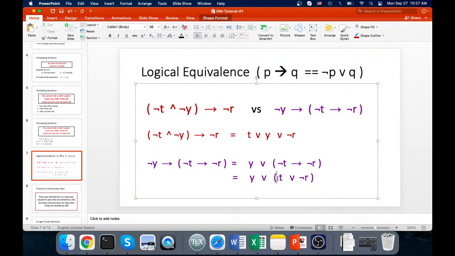So they are the same, right? And because they are commutative, we can change T or Y or not R into Y or T or not R. So that's why we can see that these two expressions are both logically equivalent. So in that sense, yeah, we find that this is correct. Okay.